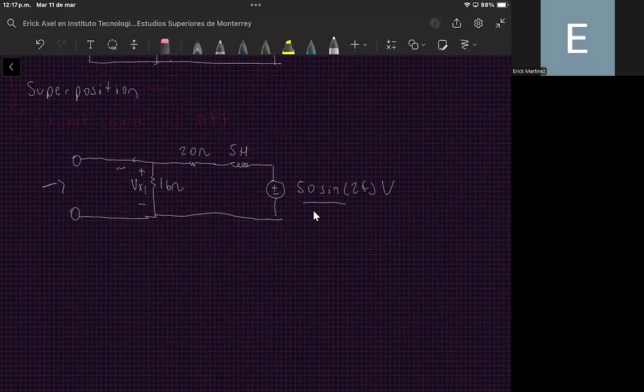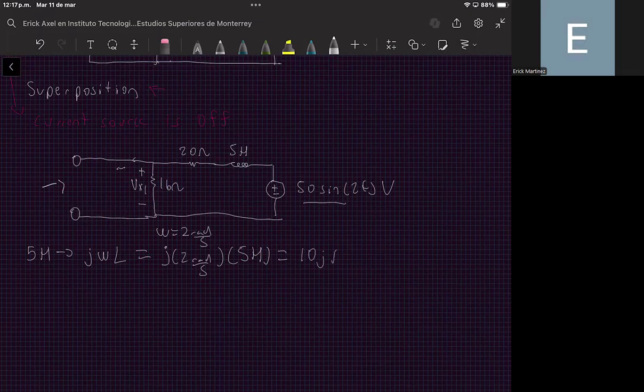For example, the impedance of the 5 henry inductor is equal to j times omega times L, and this is equal to j times omega, which, since only this voltage source is on, is 2 radians over second, multiplied by the value of the inductance, in this case 5 henries. This is equal to 10j ohms.